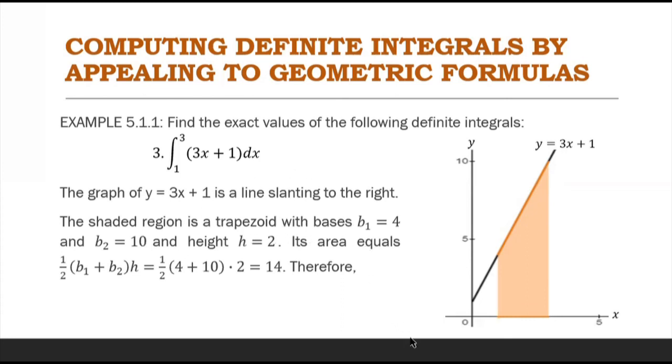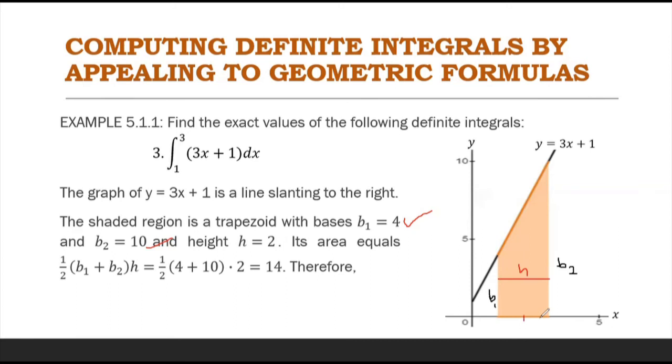So, dito sa trapezoid na to, ito yung base 1, at ito naman yung base 2. Ang base 1 natin ay 4 units, at ang base 2 naman natin ay 10 units. Then ang height natin ay 2 units. Ito ang magiging height natin. Yan ang height natin. So 2 units, di ba?